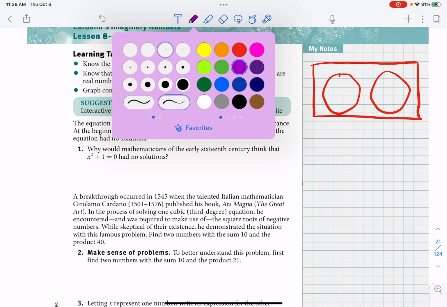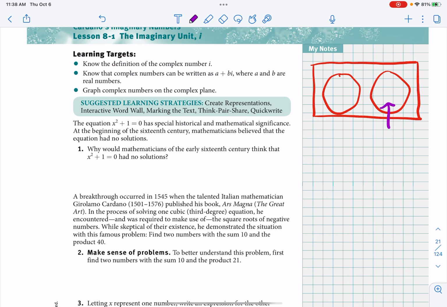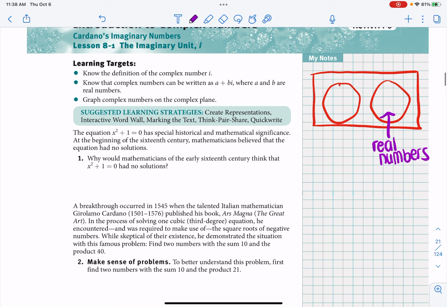When we were talking about real numbers, they are all the numbers in the entire world that we have concerned ourselves with thus far. But unfortunately, those are not all the numbers in the entire universe. All the numbers in the entire universe are what are known as complex numbers, and that's going to be represented by the box.